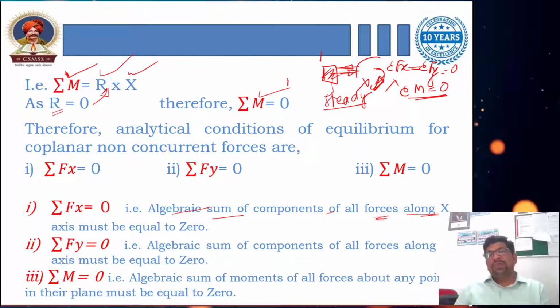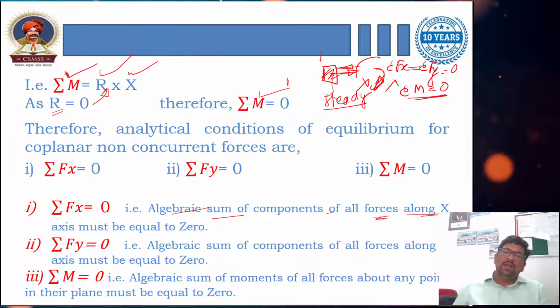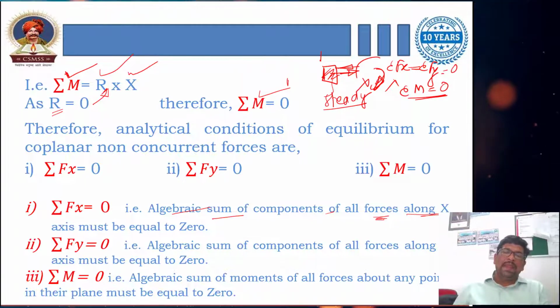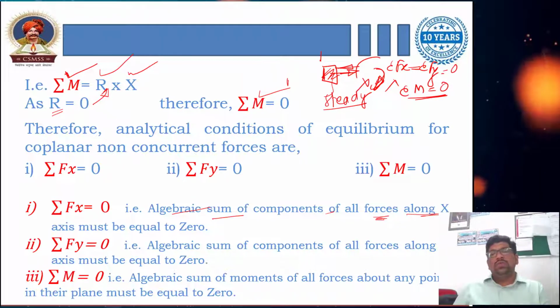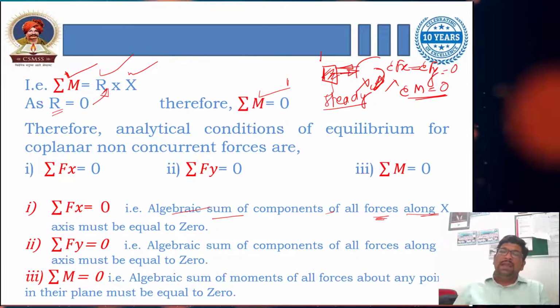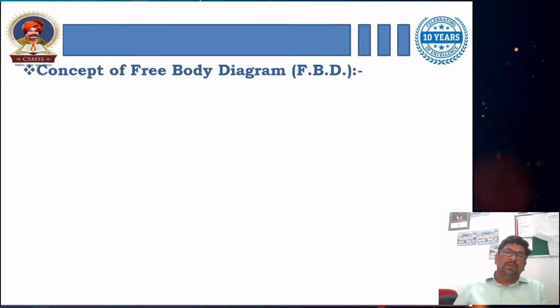And again, as we have seen earlier, the summation of the moments, or rather the algebraic sum of the moments of all forces about any point in their plane, must be equal to 0. So summation Fx is equal to 0, summation Fy is equal to 0, and the moment will also be equal to 0.